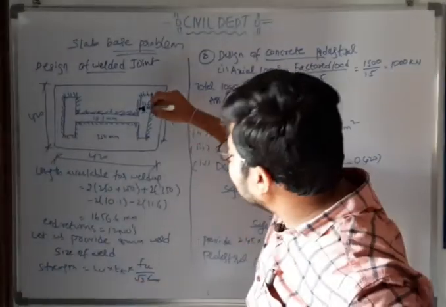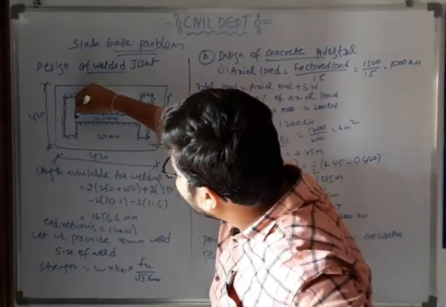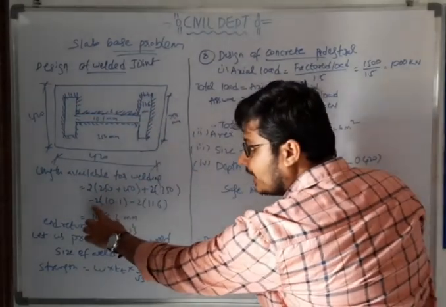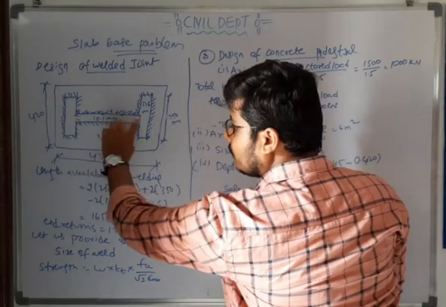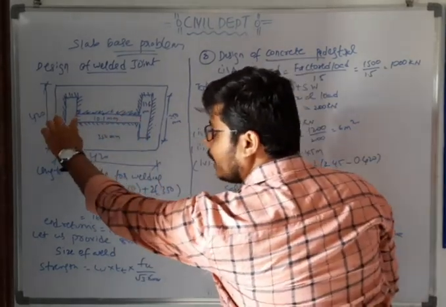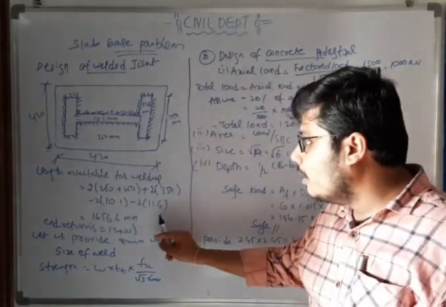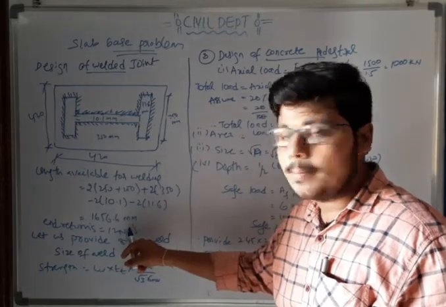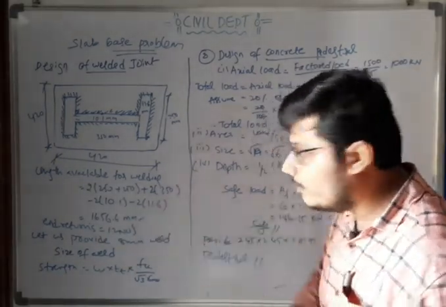But these gaps were not welded, so we subtract 2 into 10.1 and 2 into 11.6. So this is the total length available, 1656.6 mm. This is the length available for welding.